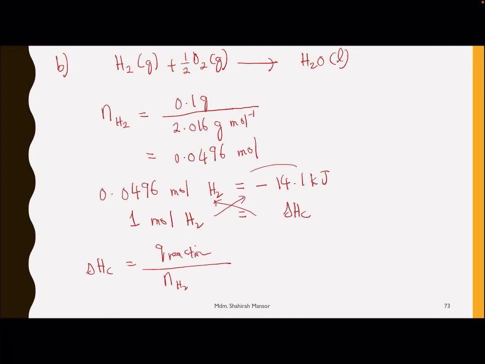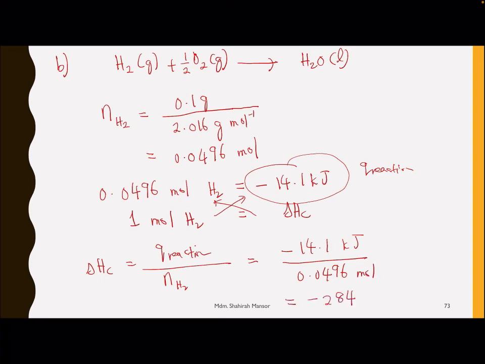So this is our Q reaction, negative 14.1 kilojoule, over this mole. So you will get your answer as negative 284 kilojoule per mole. This is the amount of energy released when we burn 1 mole of hydrogen gas.